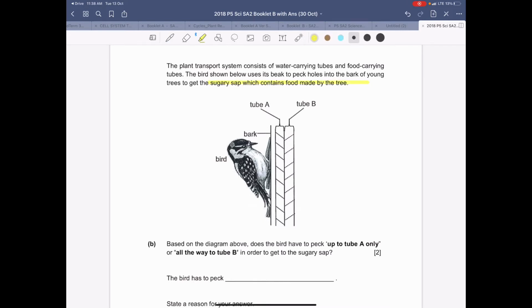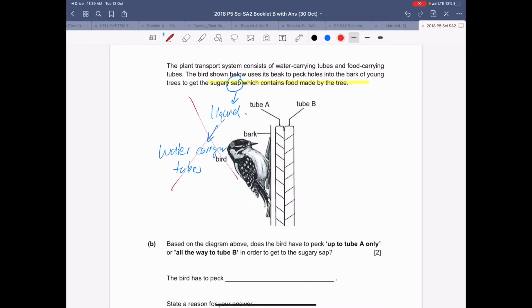Now, a lot of you tell me that it needs to peck and do B, because you think that because it's a sap, this is liquid. And because it's liquid, it should be water carrying tubes. Okay, so this is a wrong concept.